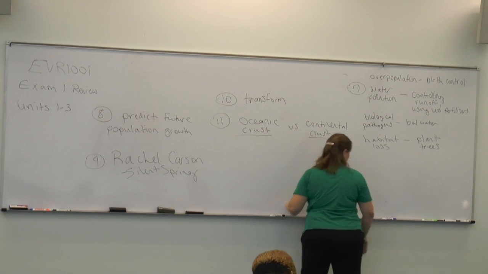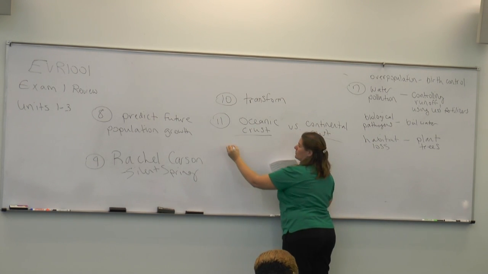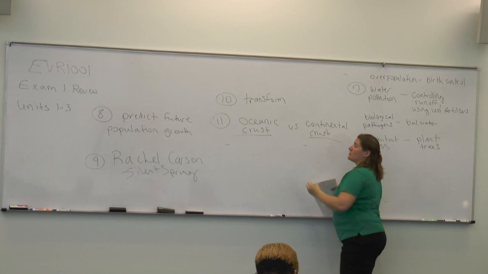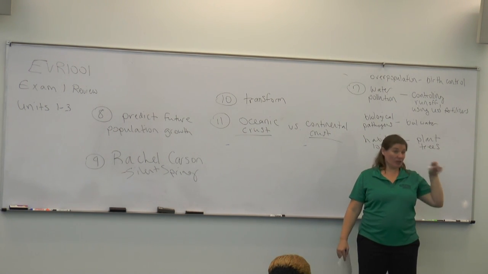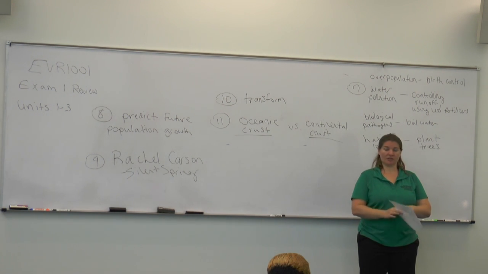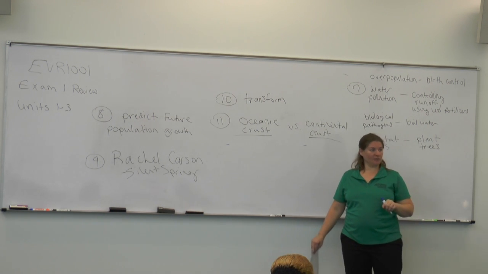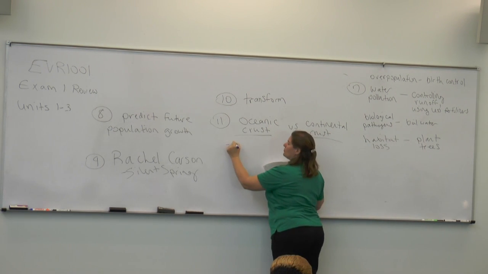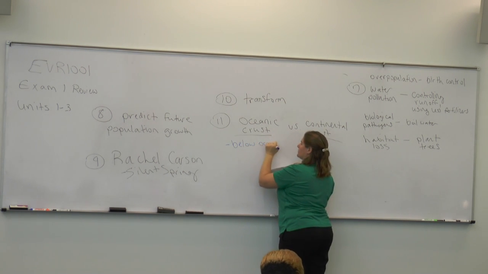Where is it located? Is it the land or is it under the ocean? It's the ocean floor, right? So it's below the ocean. This is the land below the oceans.